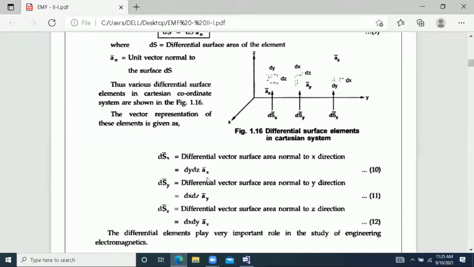The AX, or the small AX, AY, AZ, is the unit vector in that direction. What is the modulus of 10?